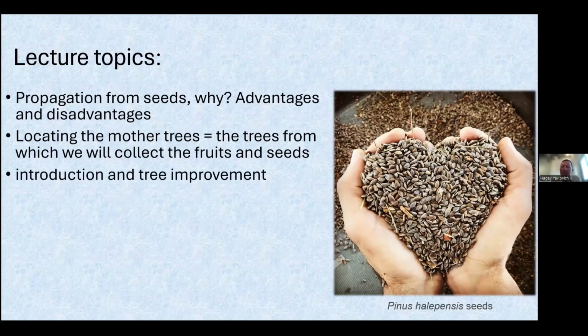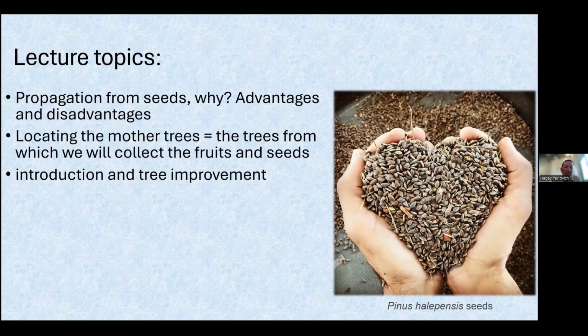We will speak just a little bit about introduction and tree improvement. I mean, bringing new trees to your countries, trees that are not native, why and how, and a little bit about tree improvement, that means how to do something active for finding a good source for seeds.